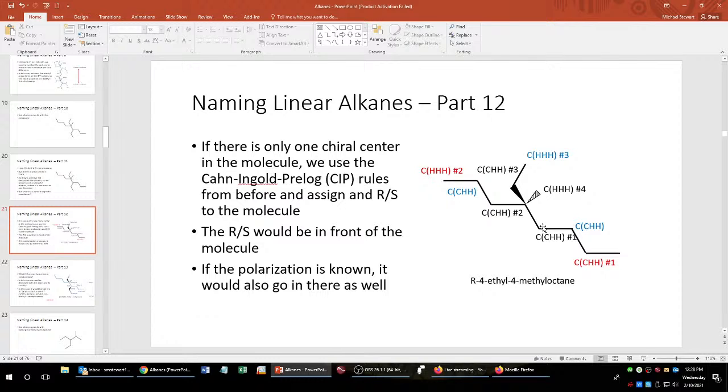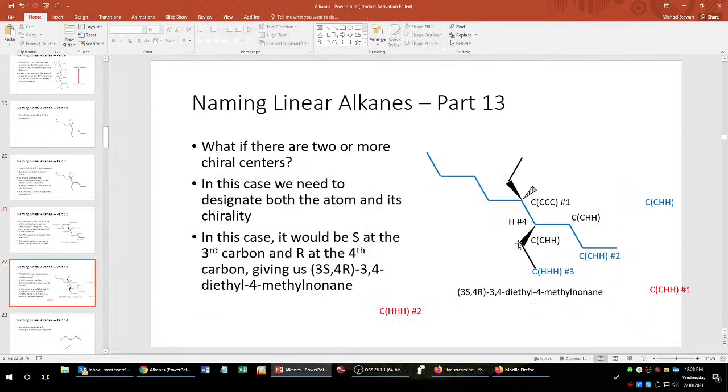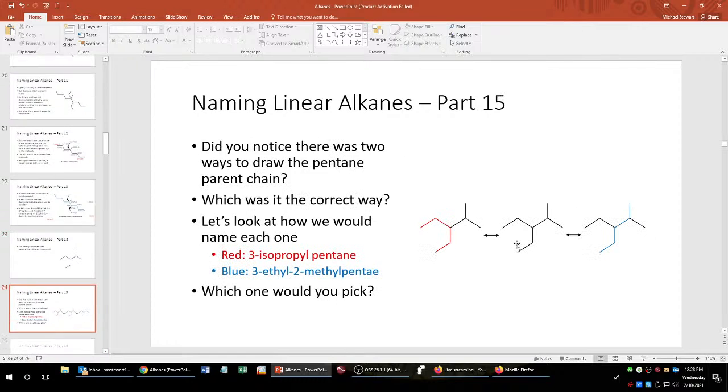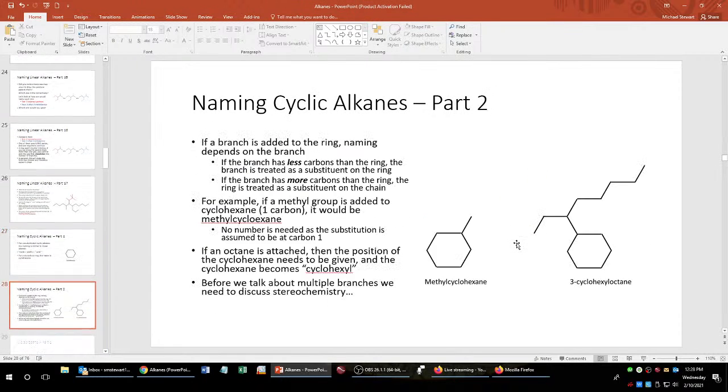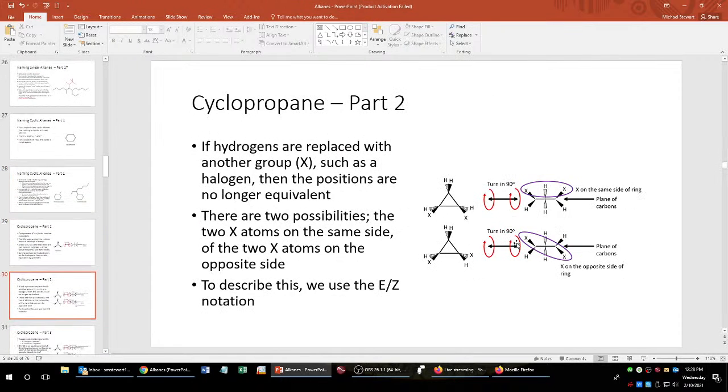The more quickly they branch, so let's say there's a branch on this carbon at the bottom and to the right versus a branch up here a few carbons away, the quicker they branch, the higher their priority is going to get. But there is a lot of painstaking work that goes into naming these with the R and the S. So hopefully that helped you.